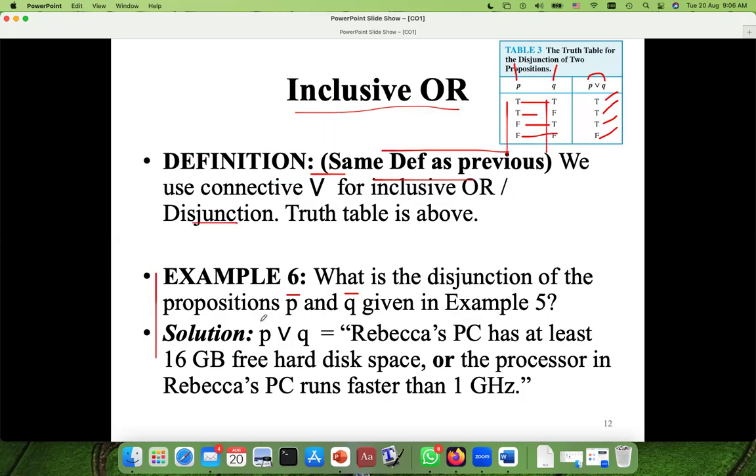So P or Q. In sentence form, just put the sentences of P and Q in it: Rebecca's PC has at least 16 GB free hard disk space, or, and for this symbol we use the English word or. We are not using inclusive or exclusive or, just the word or. And the second sentence for Q is given in the question: the processor of Rebecca's PC runs faster than 1 gigahertz. The same example.